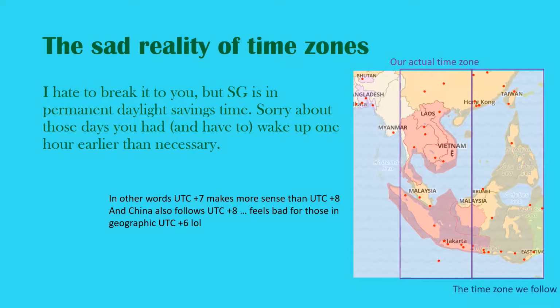In fact, Singapore's time zone is not really correct. It shares its time zone with Malaysia and Hong Kong, I believe. And there is a problem with that, because that time zone is about 1 hour off. So in reality, Singapore is basically in permanent daylight savings time.